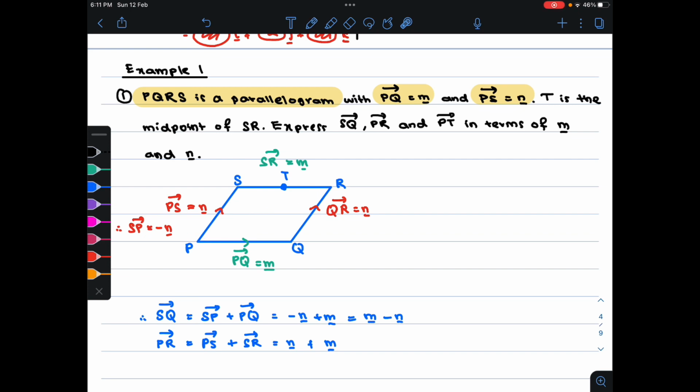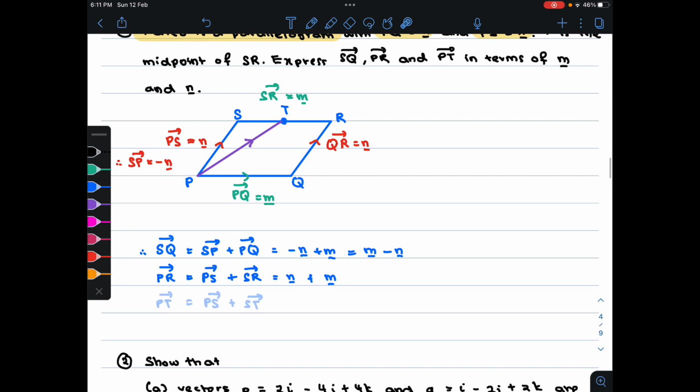And lastly, we have vector PT, which is this one. To get vector PT, you can use either PS plus ST or PQ plus QR plus RT. It's much easier to use the first one. We know that vector PS is n. But what about ST, right here?